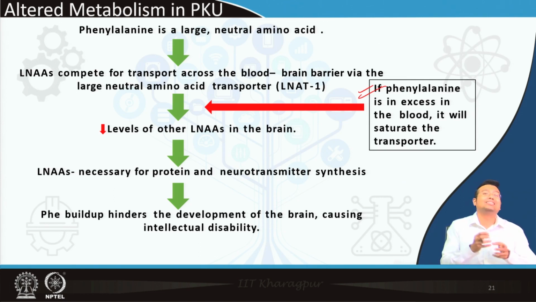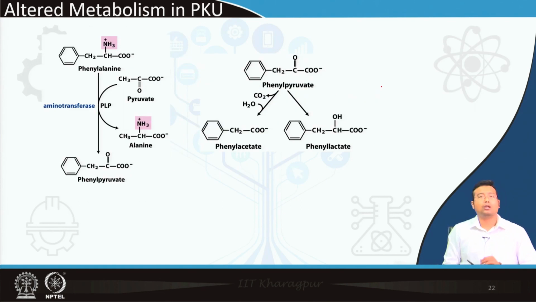When there is an increased requirement of essential amino acids for brain development, those will not be found, and hence improper brain development will lead to intellectual disabilities. So, this is one thing.